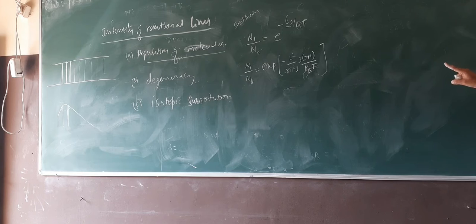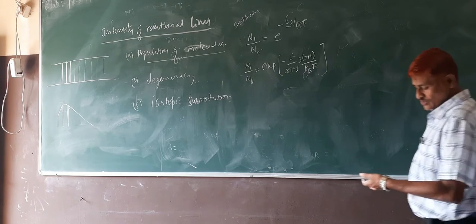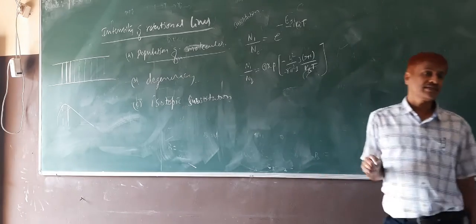N1 by n0 is equal to exponential minus h square by 8 pi square I, j into j plus 1, divided by kBT. This is the expression.